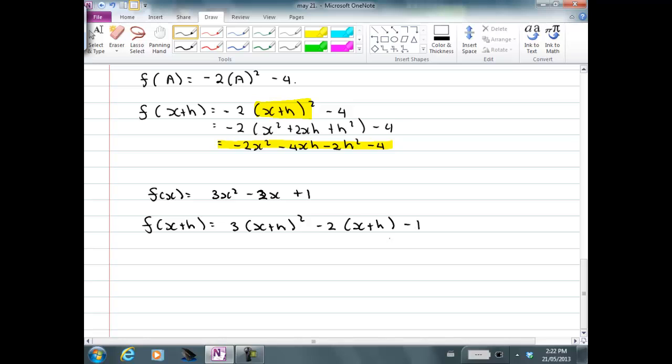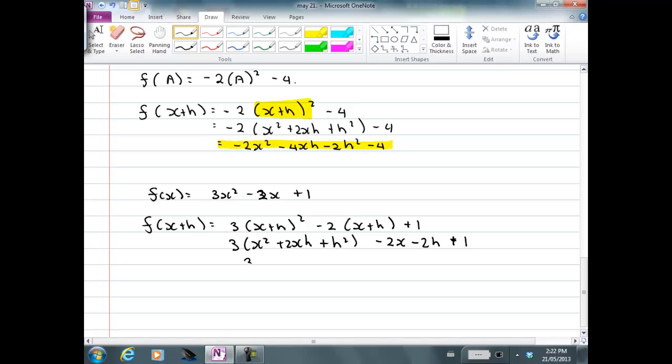Now, this is a game of simplifying. So again, I'm going to expand: x squared plus 2xh plus h squared minus 2x. I'm going to expand this out right now. Minus 2h minus 1. What's going on? Whoa. Plus 1. I tested you. You passed the test. Good job. Now, we're not done yet. You've got to keep on expanding and simplifying.